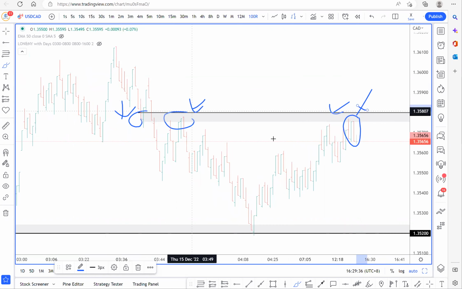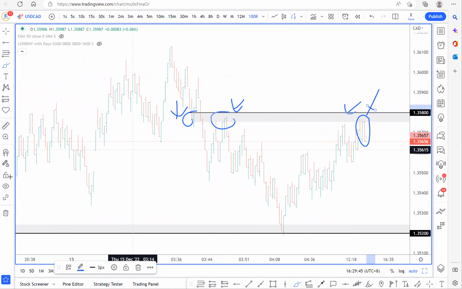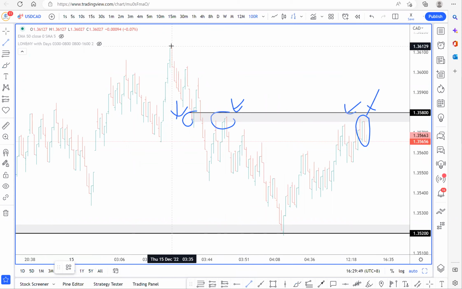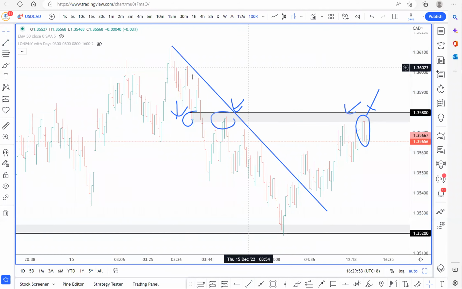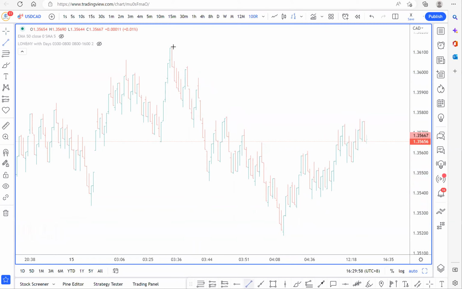Apart from just drawing horizontal levels, one more thing to note is that you can also draw trend lines. Trend lines can be very useful, so take a look at this. In this example, you can see that this is a descending trend line. You see how prices react to this area as well, coming in to test it. Let me just remove all this and draw the descending trend line.